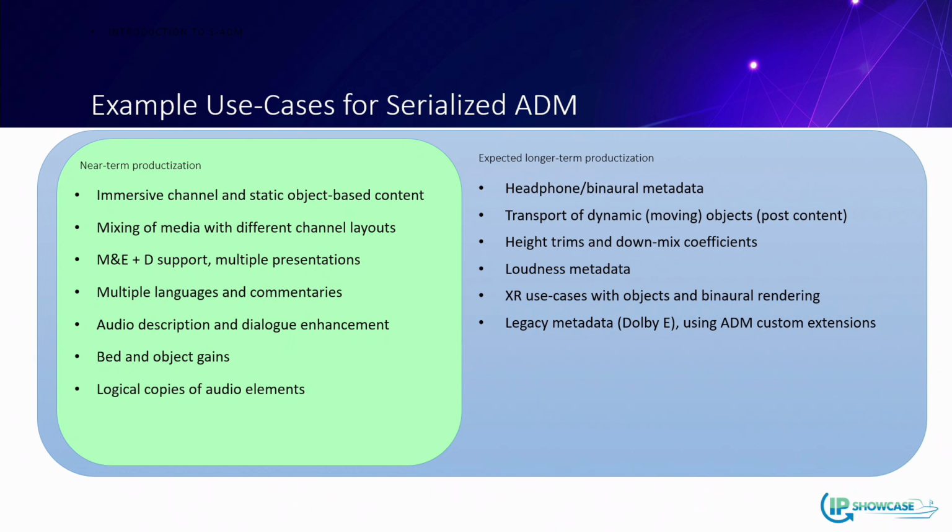Having bed and audio gains allows you to do dialogue enhancement, so you could have a presentation where dialogue is louder. The logical copies of audio elements, I'll come to that. But there's, of course, a whole load of stuff which broadcasters are not thinking about now, but that's possible in the future. I think perhaps the most important one is binaural metadata.